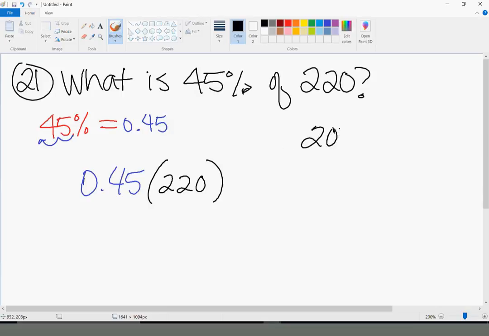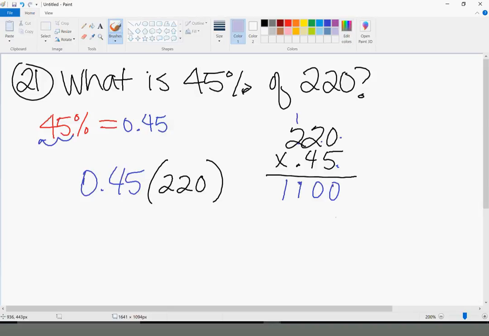So to do that, we have 220 times 0.45. Remember, you don't have to line up the decimals when you're multiplying. So let's see. 5 times 0 is 0. 5 times 2 is 10, carry the 1. 5 times 2, 10 plus 1 is 11.